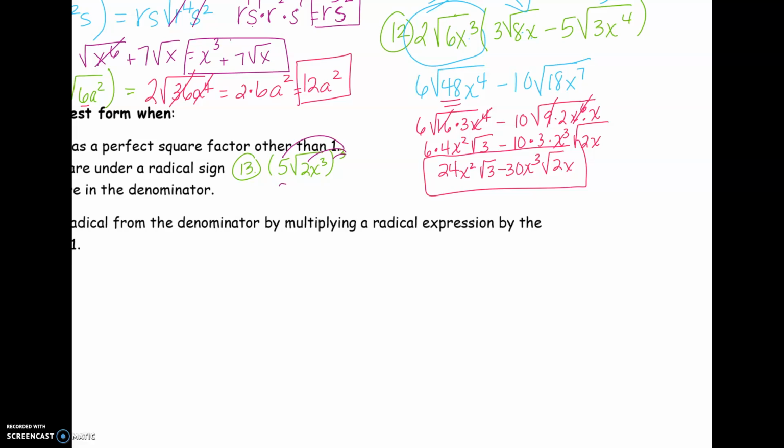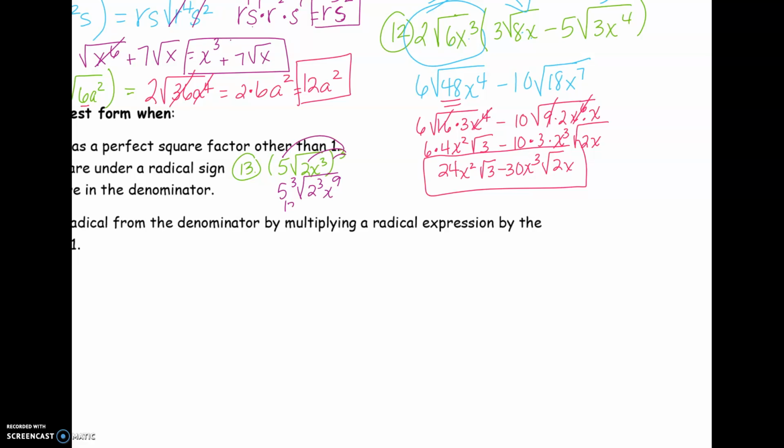So this becomes 5 cubed. Inside, 2 cubed, and x to the 3 times 3. Power to a power, we multiply the exponents. We don't want to add them. x to the 9th power.